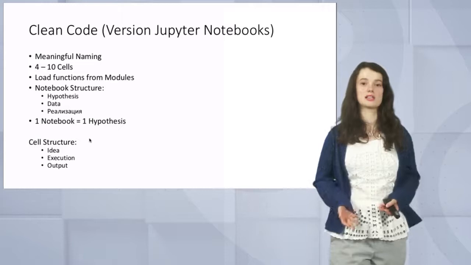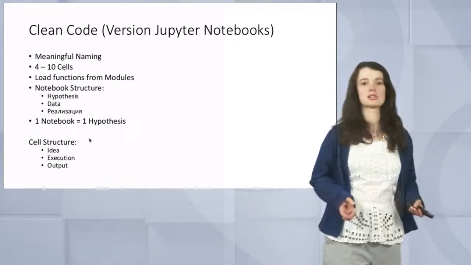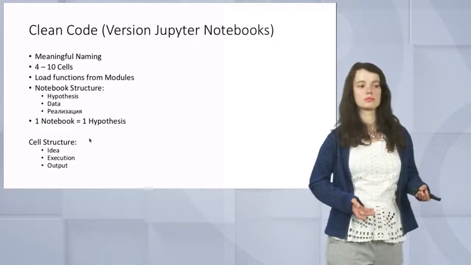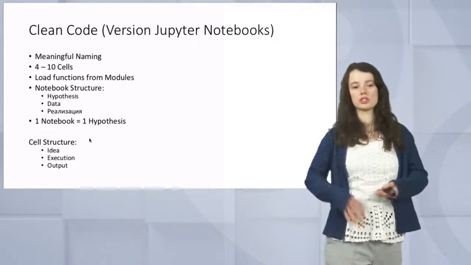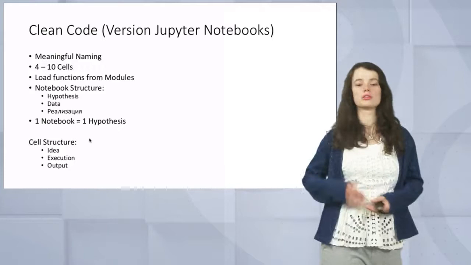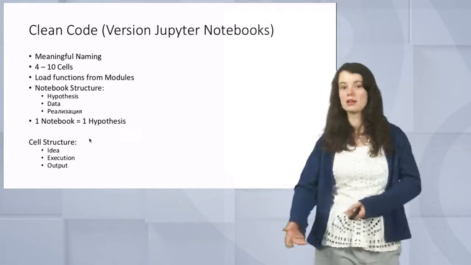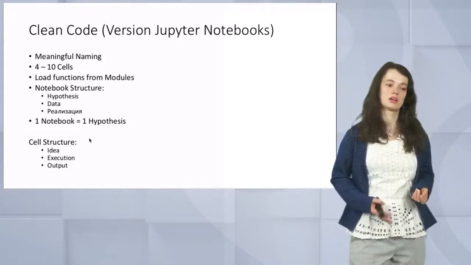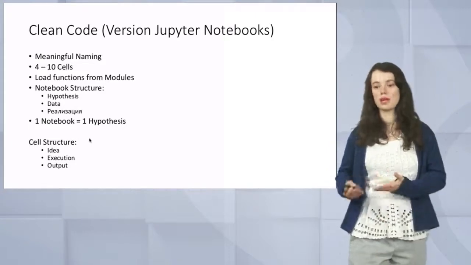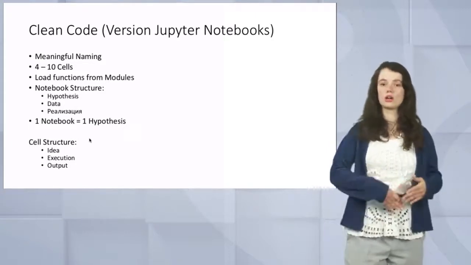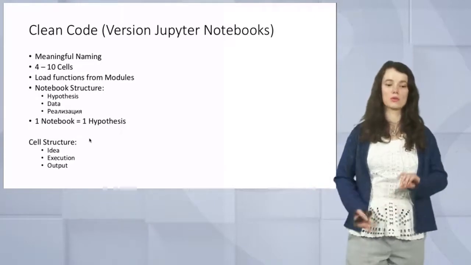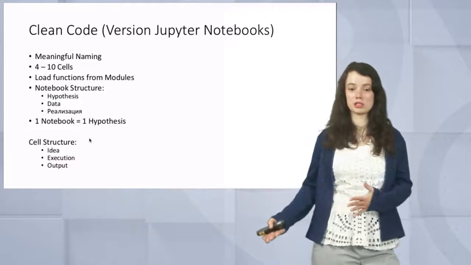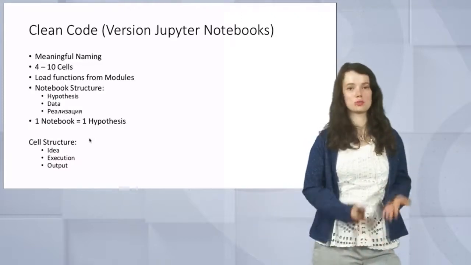They may contain some EDA, some table chunks, or some preprocessing, which is more convenient to do in Jupyter notebooks than in modules. But the best way to make your work more convenient is to make your notebooks clean. The main idea: one notebook, one hypothesis. And that should be structured too.